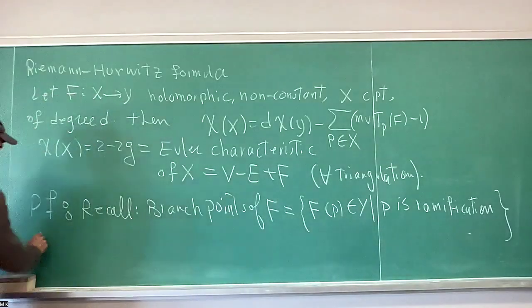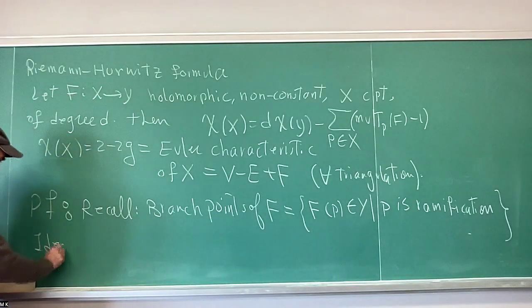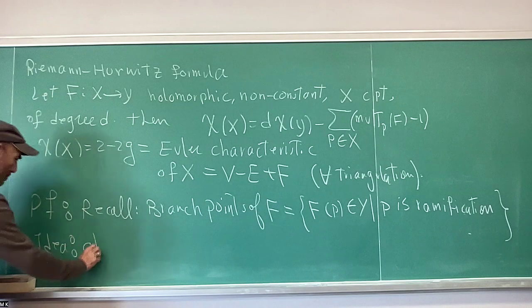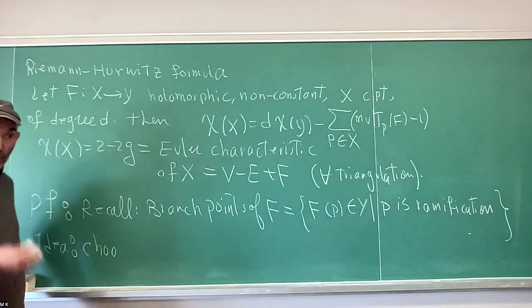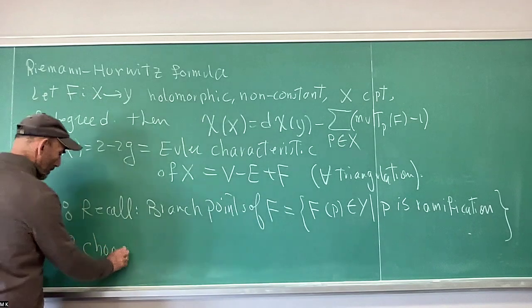So the idea of the proof: there are many such triangulations, but we just choose one.